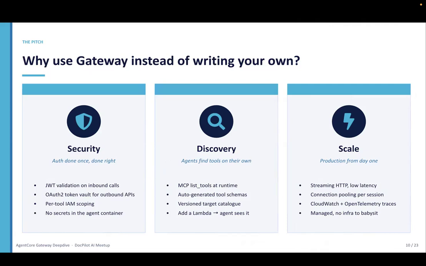We can add that as tools, and then the gateway can discover the particular tool and get the response. Of course, the scale also matters. It's HTTP and low latency, and all the calls will be logged. It uses OpenTel, but still it is using our CloudWatch GenAI dashboard. We can see everything.